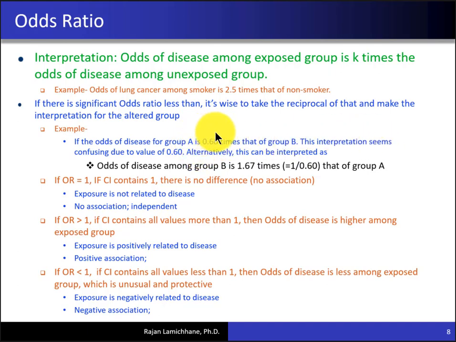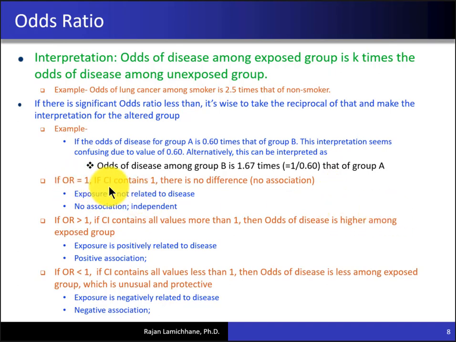So instead of interpreting the odds ratio of 0.6, we take the reciprocal of that, and instead of saying odds of disease for group A, we say it is for group B, because we altered the group. So the odds of disease among group B is 1.67 times that of group A, because group A has smaller odds, and we take the reciprocal here.